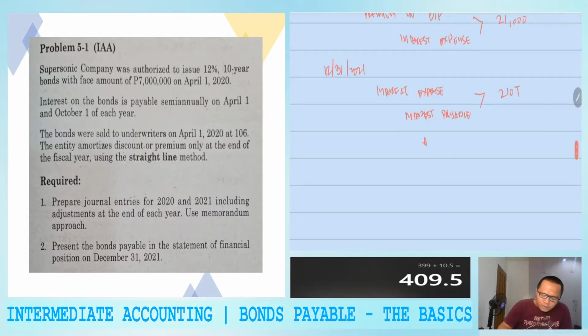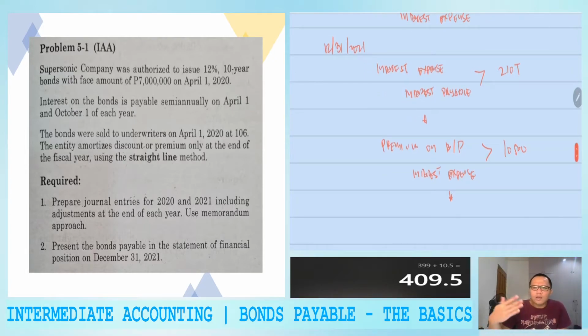And then, for your premium, premium on bonds payable, credit interest expense, 10,500. Okay? Balik-balik lang siya talaga until its maturity after 10 years.